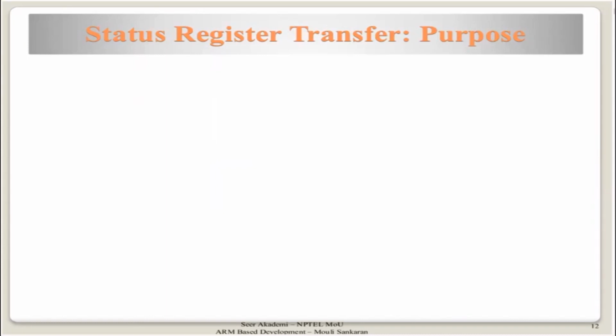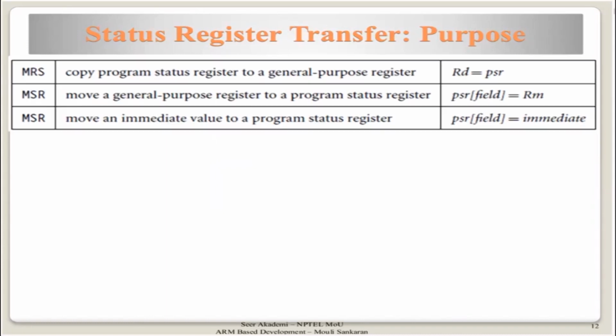If you recall, the status register is something different from the general purpose registers, because it is meant for maintaining condition codes, processor mode and interrupt flags and all those things, right? So to perform any operation with that, that means to transfer that content to any other memory location, you need to first bring that status register into a general purpose register, and then transfer it to memory. So these instructions are meant for that operation.